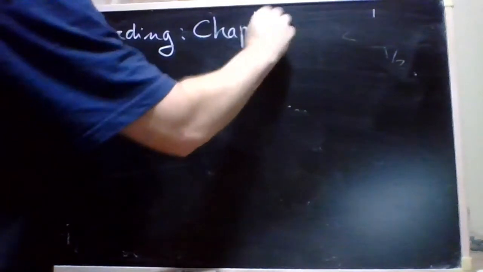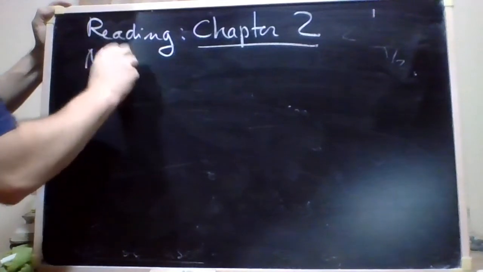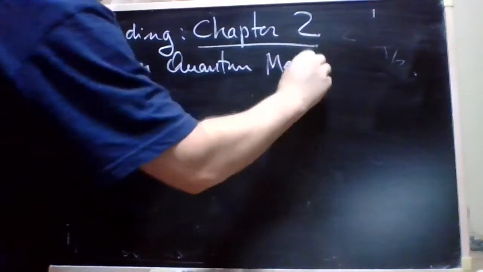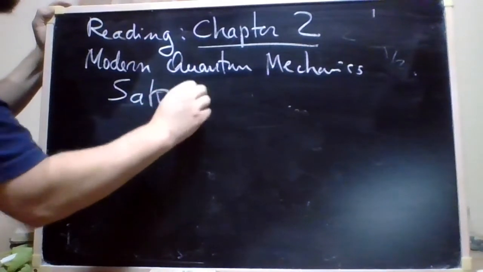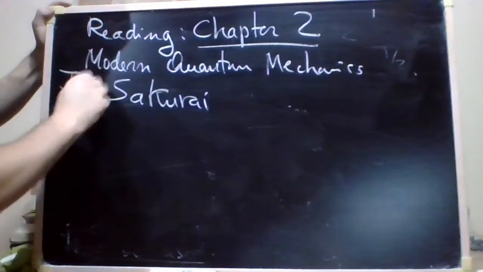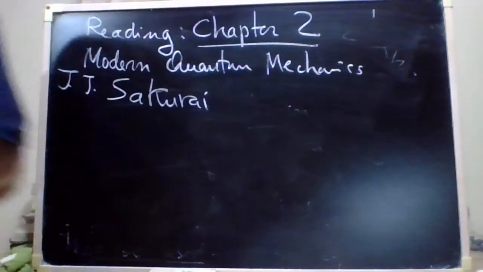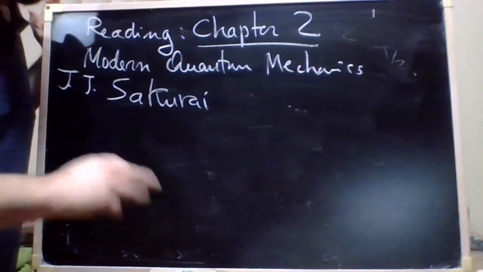I recommend reading chapter 2 of the book Modern Quantum Mechanics by Sakurai. All right. Well, you can find many other very good introductions to the dynamics of a two-level system.